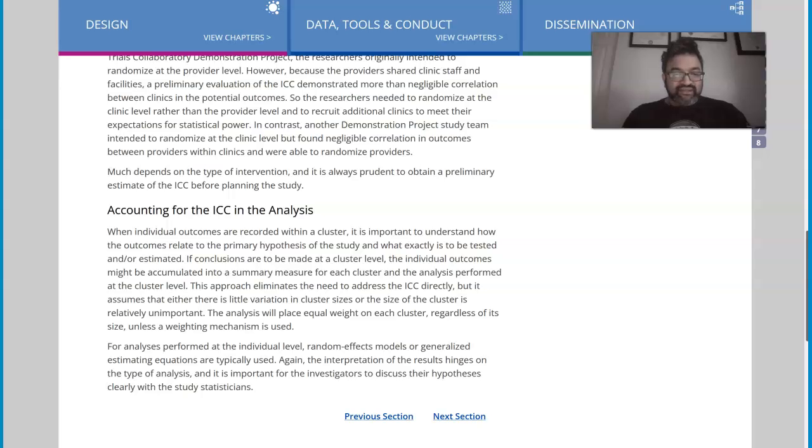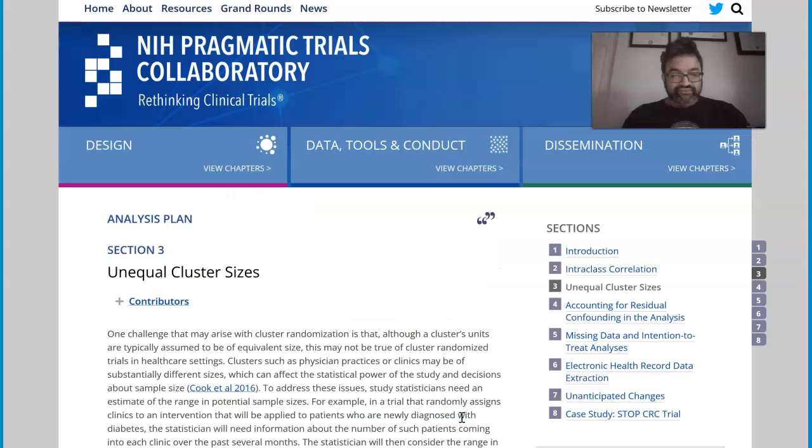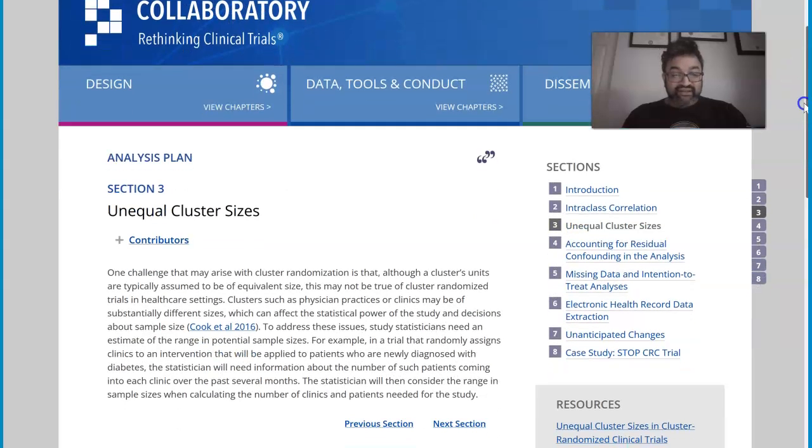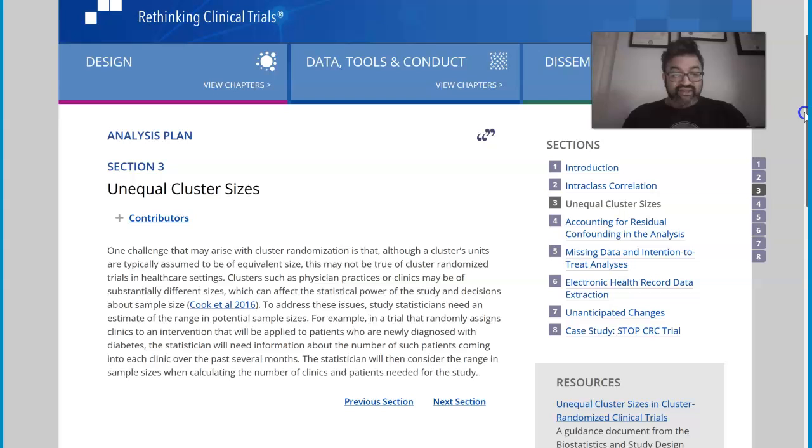And the reason I like this is because it goes into why it's important, and why it's important in modeling. So if you have unequal cluster sizes, this is something that is treated, and I talk about this a lot.